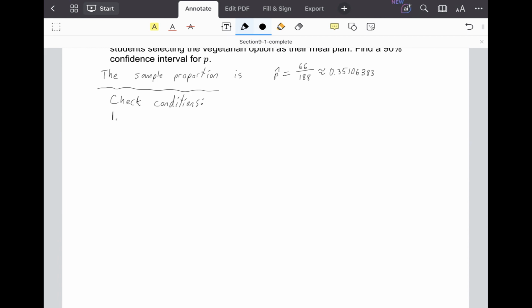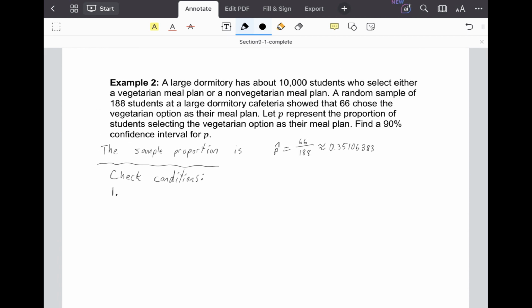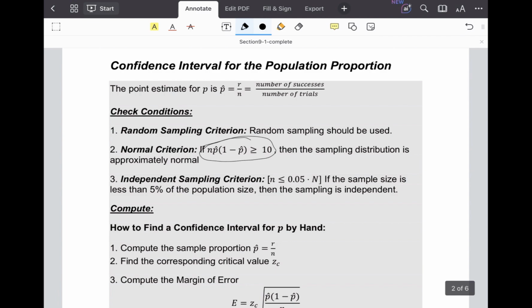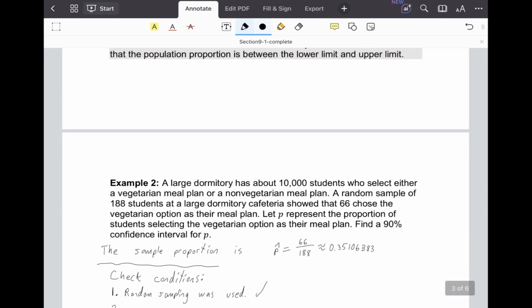The first one, it says random sample, so that's good. That means a random sample was used. So I'm just going to write that, and check it off.